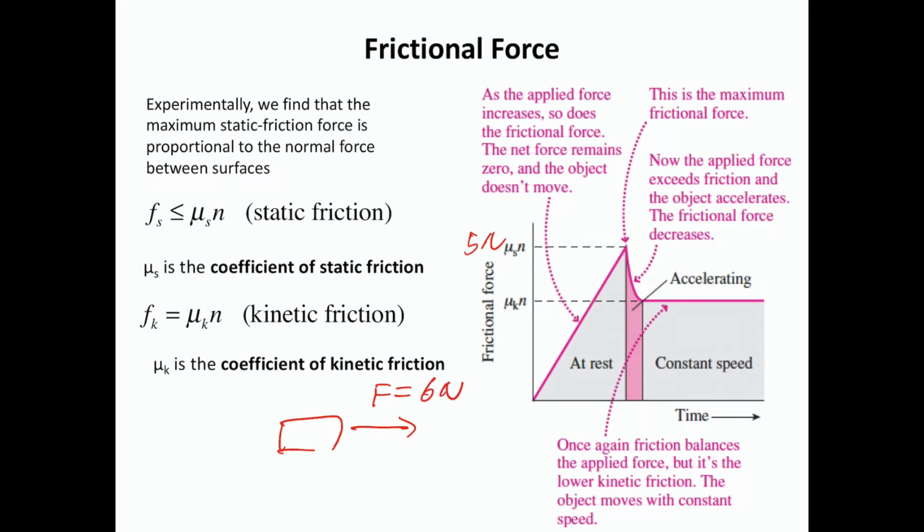You put 6 Newton, what happened? Your friction is still, say, 5 Newton, or 4.5 actually, 4.5 Newton to here. So how about you increase to 7, it's still 4.5. 8, it's still 4.5. It means the friction reaches a constant. Can you see it? So this is how this graph shows you.